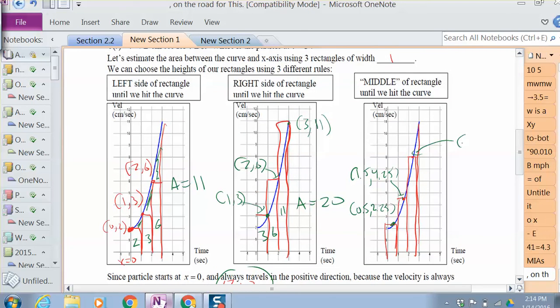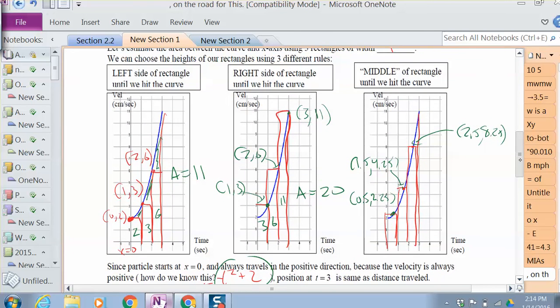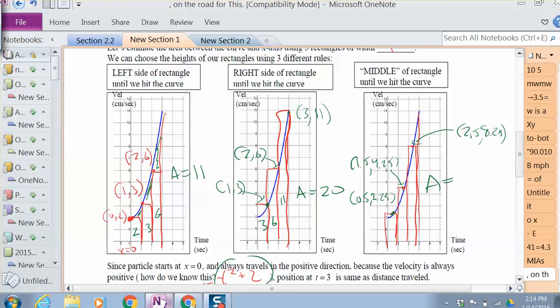And 2.5, comma 8.25. So for each rectangle, I'm finding the midpoint between 0 and 1, 1 and 2, and 2 and 3, and then plugging that x-coordinate into our velocity formula, t squared plus 2, to get the y-coordinates. If I add up those areas, I get 14.75. So the approximate area is that, and that looks like a good estimate.